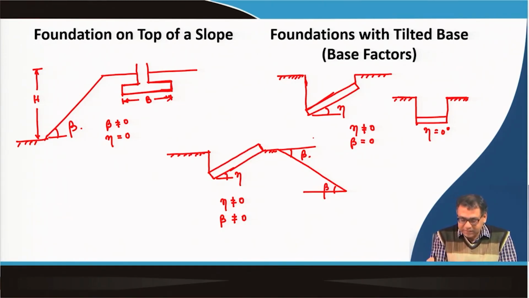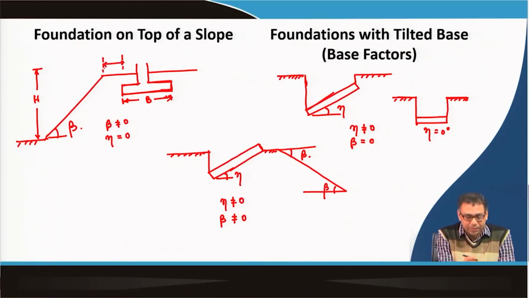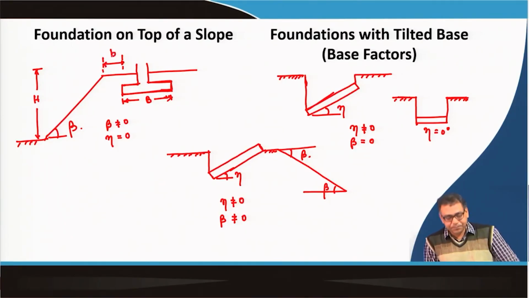These two are the suggestions by Hansen and Basic, where the foundation is on the slope and the base is tilted. Meyerhof has also suggested, and he has incorporated the effect of the footing distance, the distance of the edge of the footing from the slope edge, called small b.